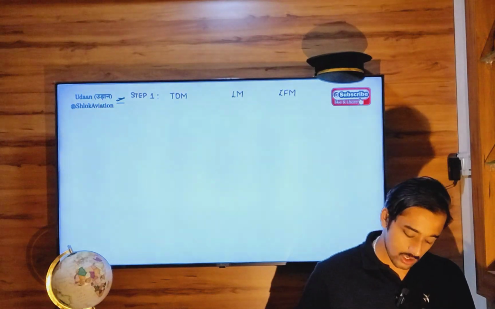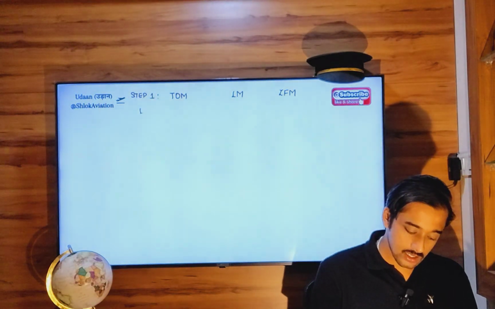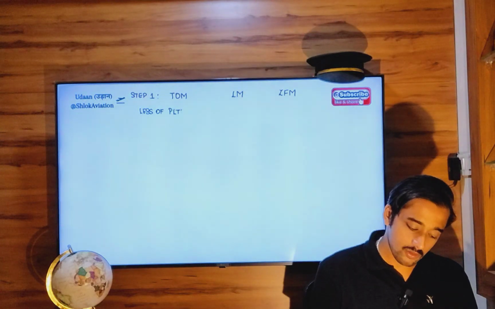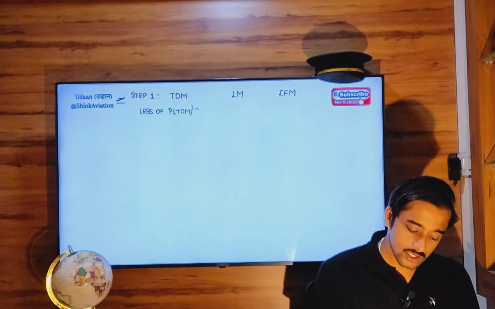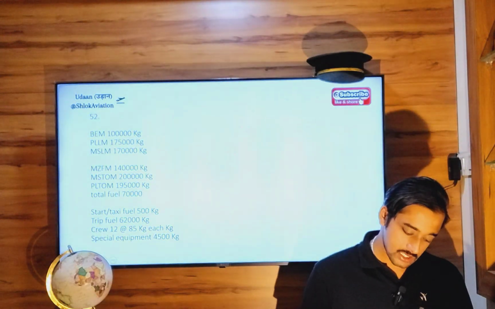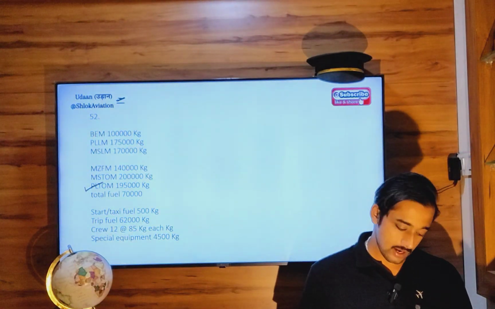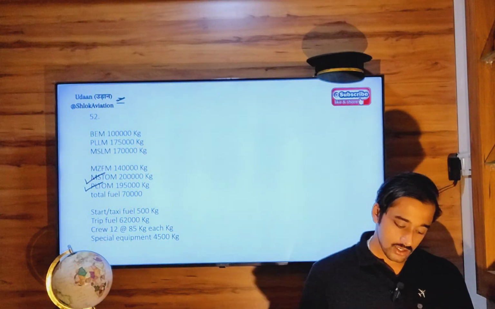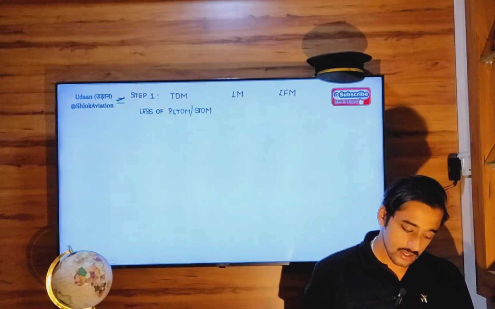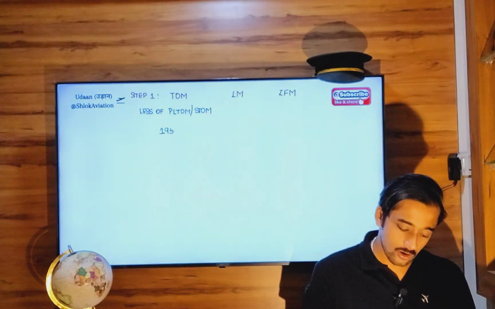In the takeoff mass column, you write a value which is less of performance limited takeoff mass and structural takeoff mass. Now, between performance takeoff mass of 195 and structural takeoff mass 200, 195 is less than 200, so this becomes our takeoff mass.